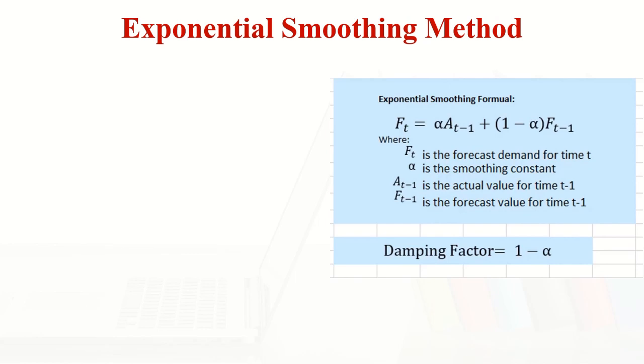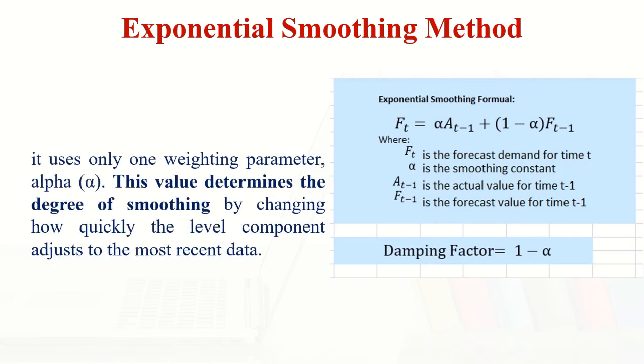And the forecast at t minus 1 is the forecast value for t minus 1, and the damping factor will be 1 minus alpha. So it uses only one weighting parameter, which is alpha, and this value determines the degree of smoothing by changing how quickly the level component adjusts to the most recent data. An alpha value can range from 0 to 1.